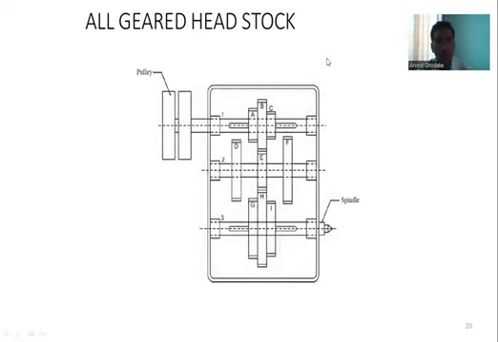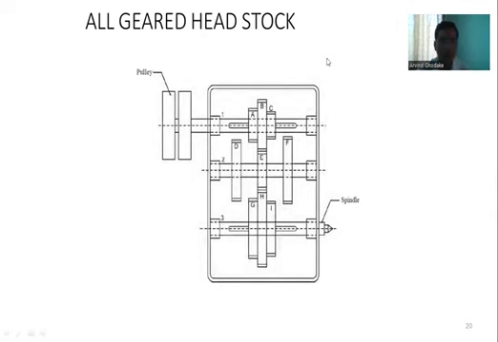Shaft number 1 is a spline shaft, and shaft number 3 is also a spline shaft, while shaft number 2 is called a lay shaft or counter shaft. The gears A, B, C are located on the input shaft, and G, H, I on the output shaft.